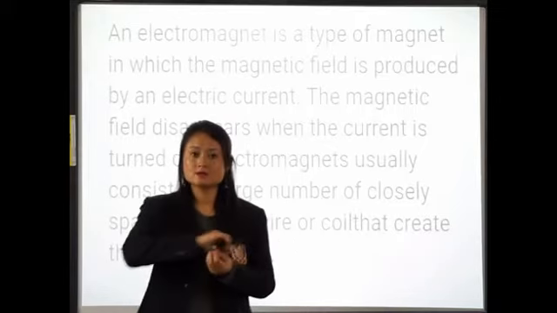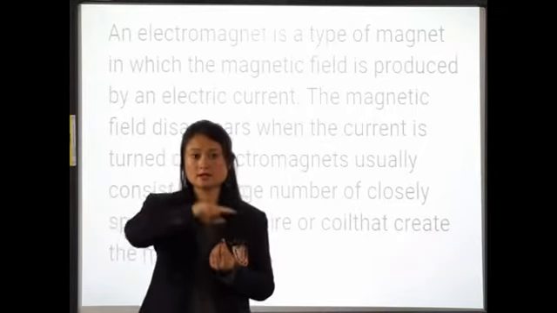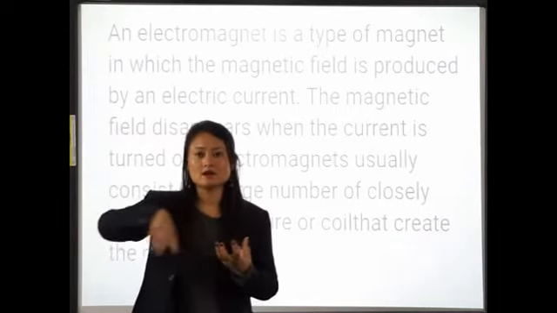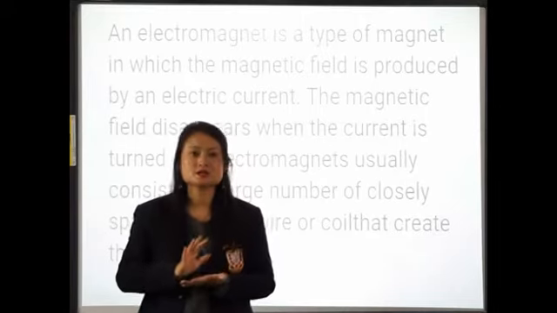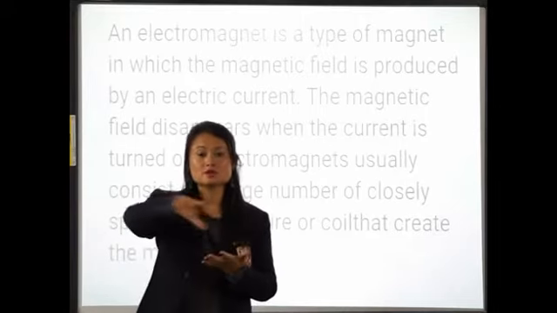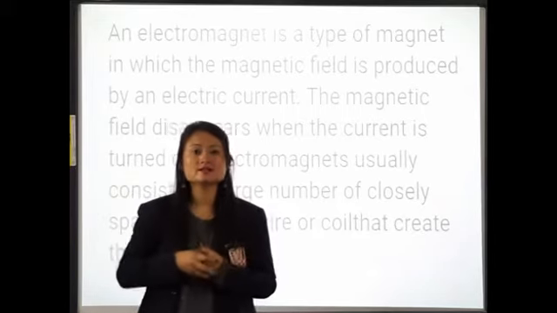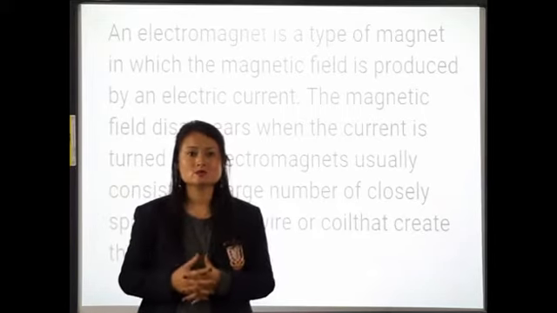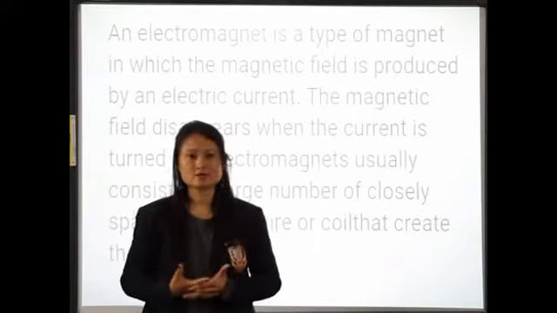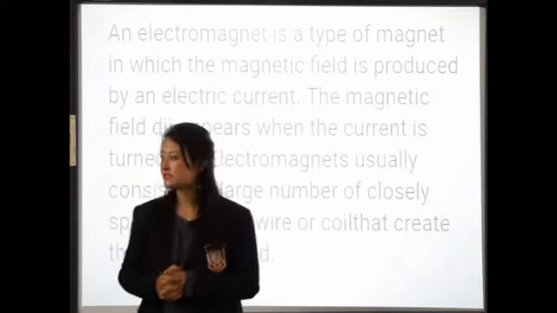It means that when the current was flowing through that wire, a magnetic field has been created in the path in which the current is flowing, and that is what we call an electromagnet. Now, see here.